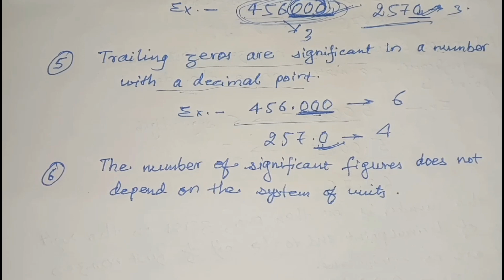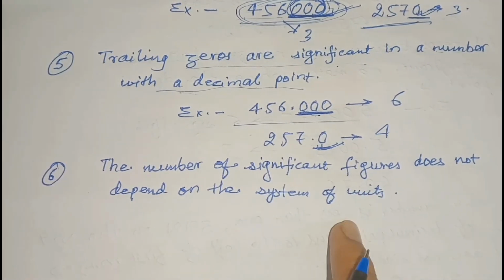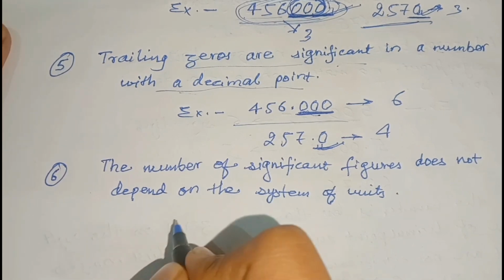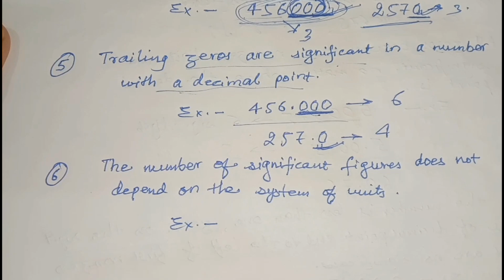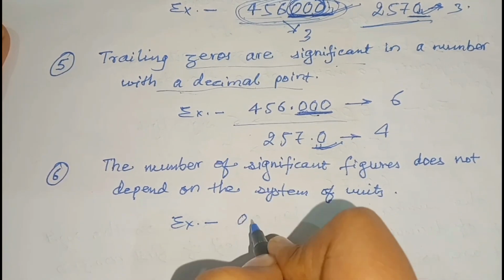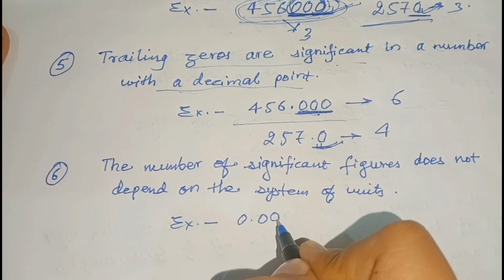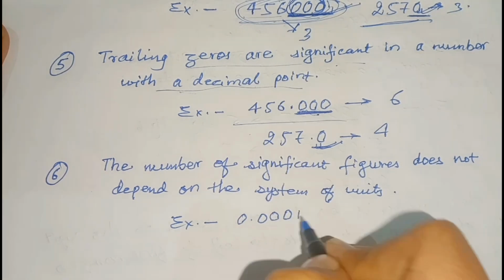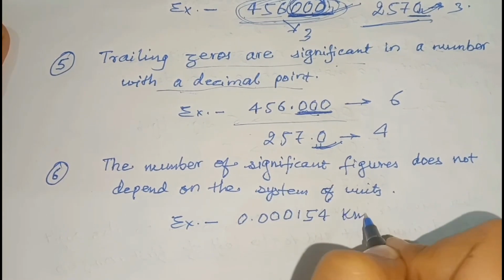Rule number 6 says that the number of significant figures does not depend upon the system of units. To understand this, let us take one example. Suppose there is a distance 0.0000154 kilometer.